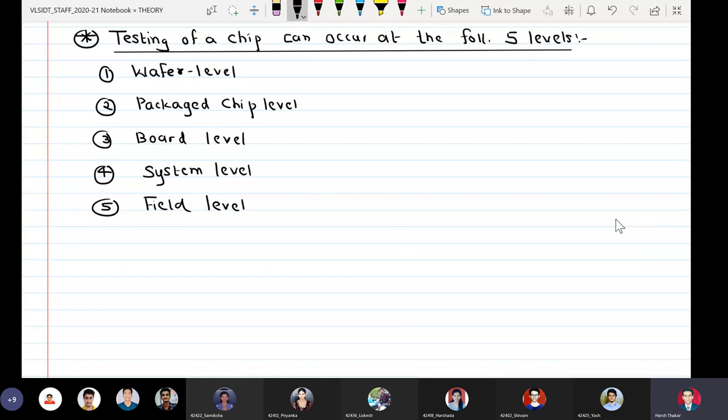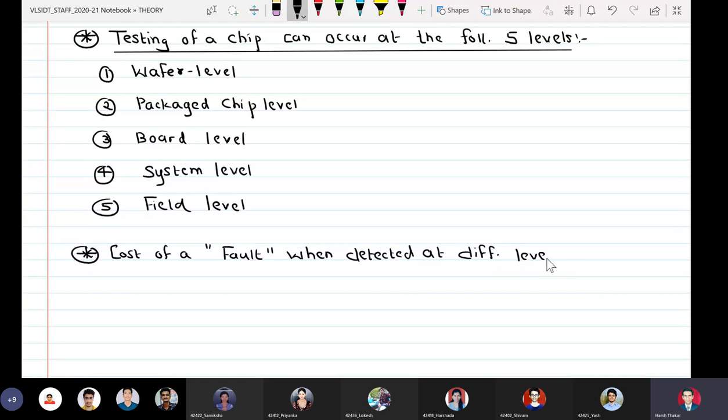Okay, so now we will see the cost of a fault when detected at different levels.